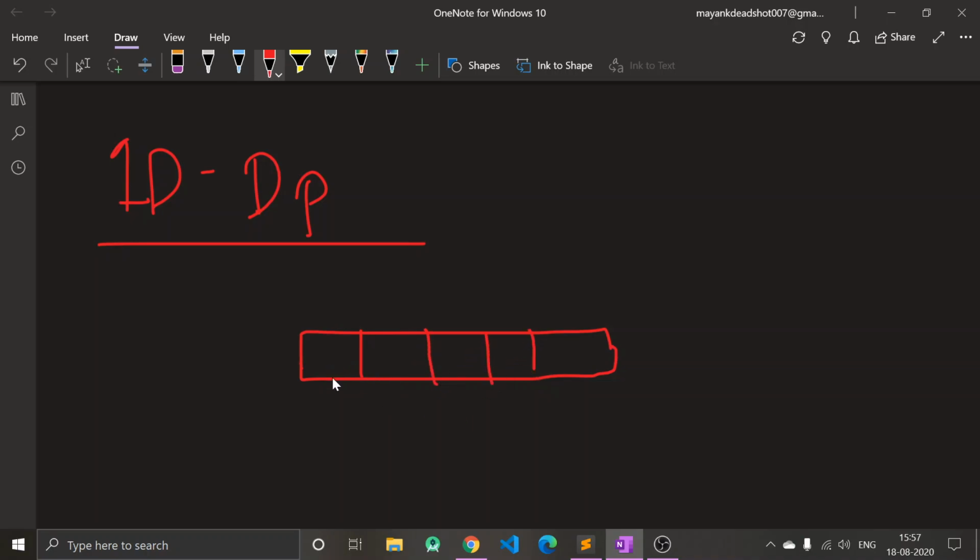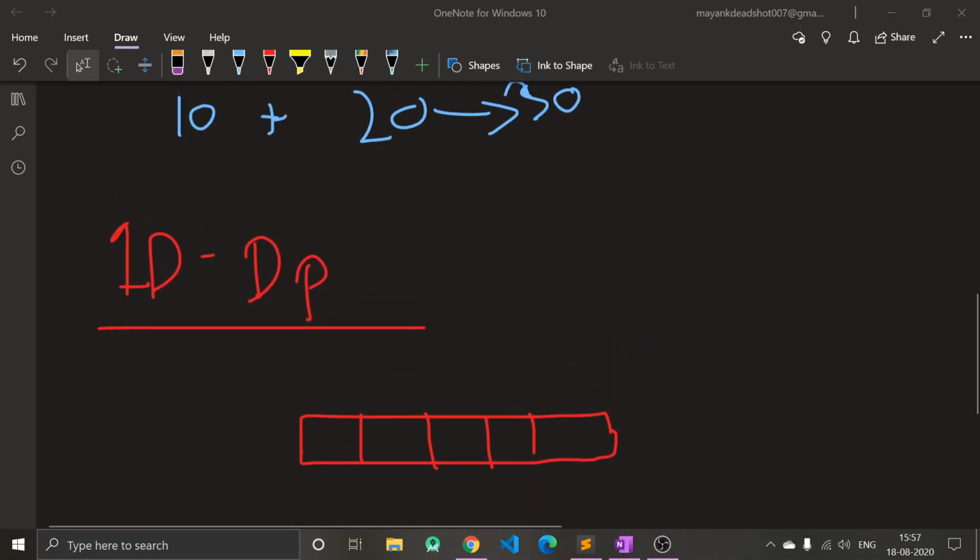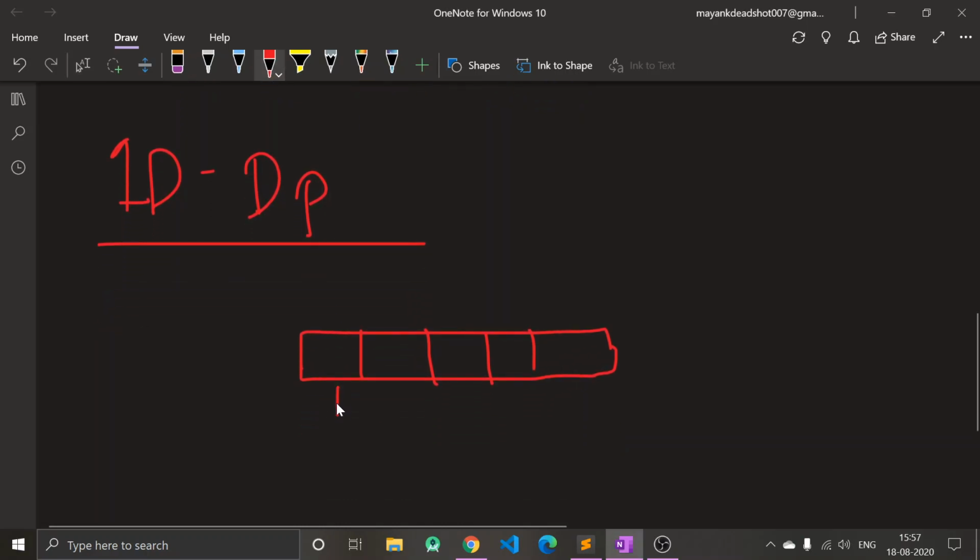For each small step, and small steps mean the sub problems, for each index we will store the optimal answer of it.